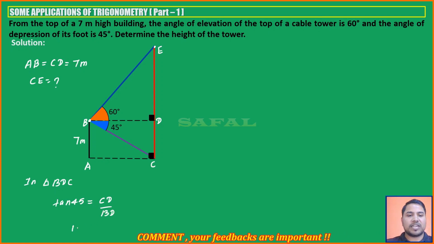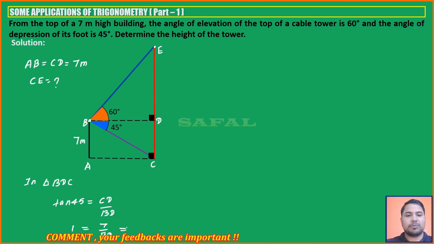Now tan 45 is 1. Now CD we have 7 meter. So 7 by BD. From here if I cross multiply, I'll get BD equals 7 meter. So how much did we get for BD? 7 meter. Just I am writing it in the diagram.